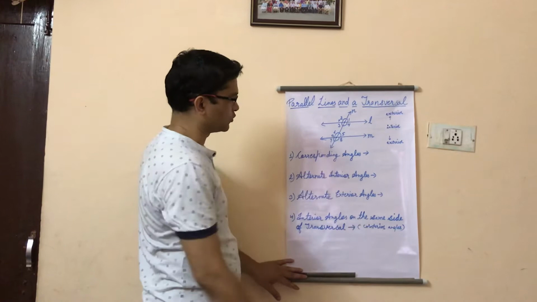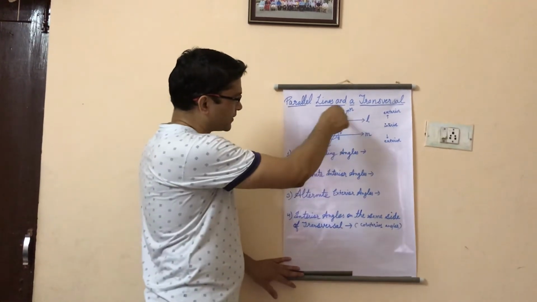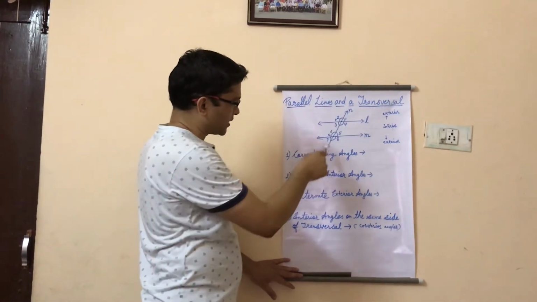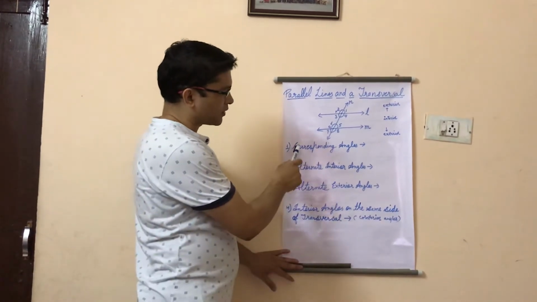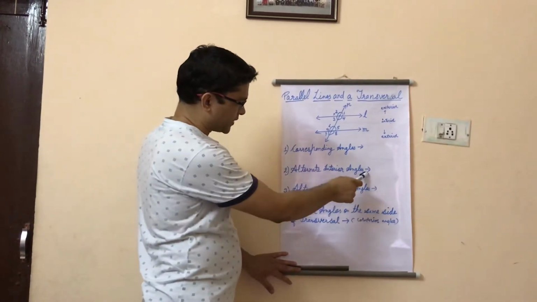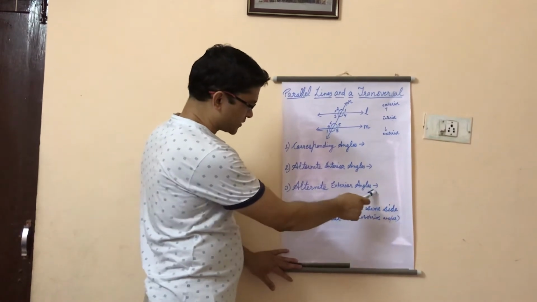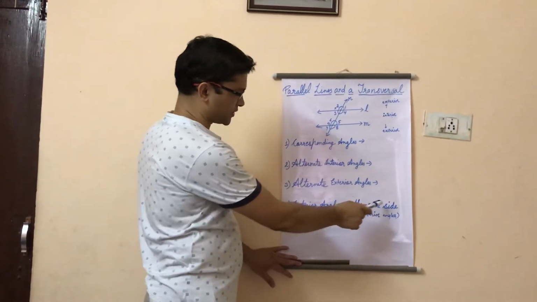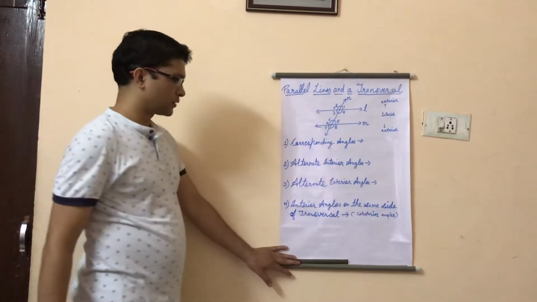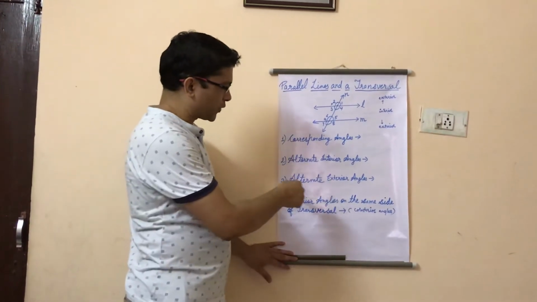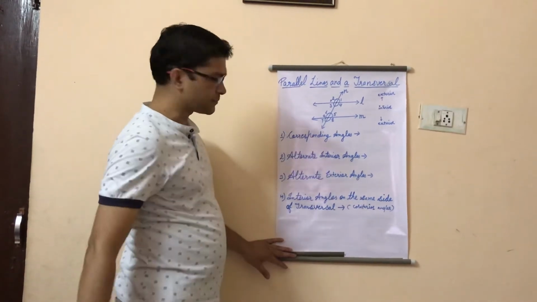These 8 angles can be classified into 4 categories, which are corresponding angles, alternate interior angles, alternate exterior angles, and interior angles on the same side of the transversal or co-interior angles. Now, how can we identify these 4 categories?